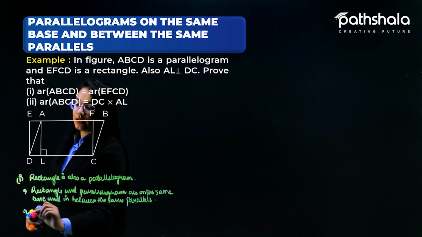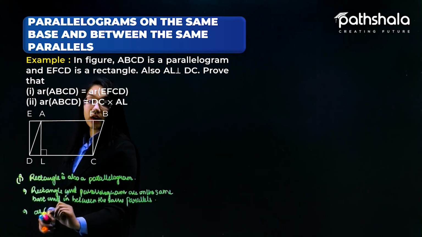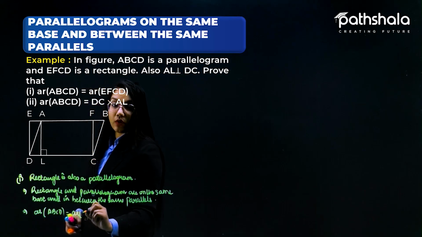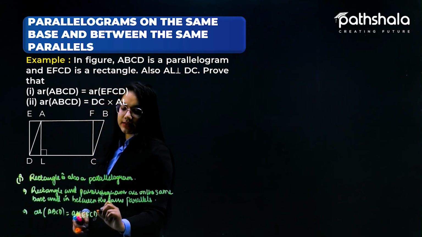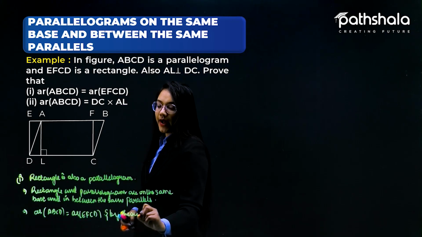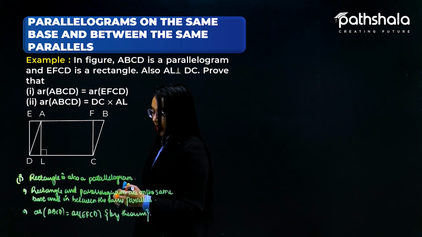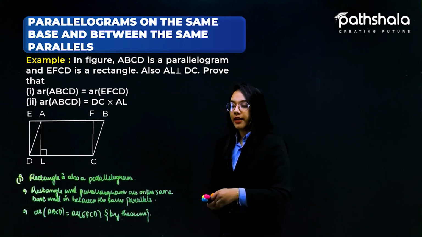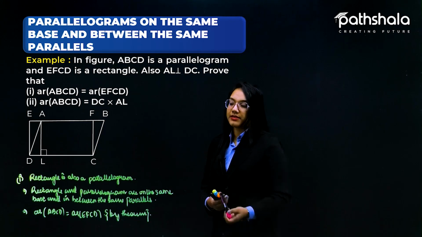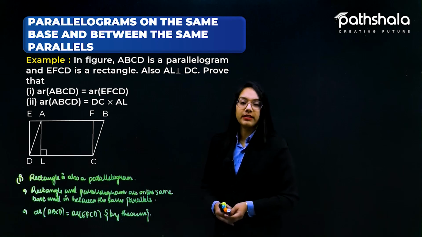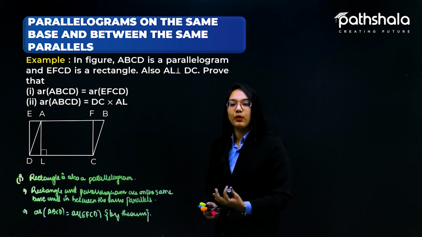It implies the area of ABCD is equal to the area of EFCD by the theorem. By the theorem that we have done now, whenever we have any two parallelograms that are lying on the same base and in between the same parallels, then by the theorem they are equal in area. So hence we can say that the areas of the two are equal to each other.